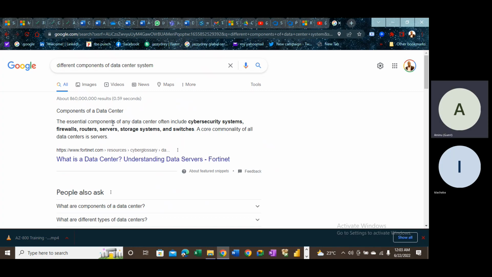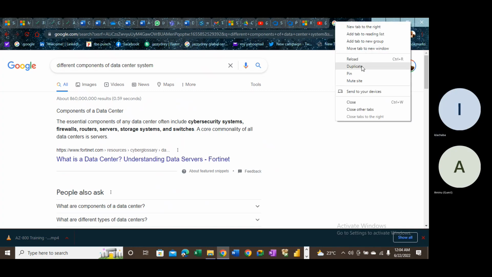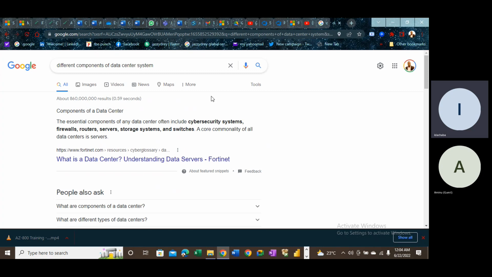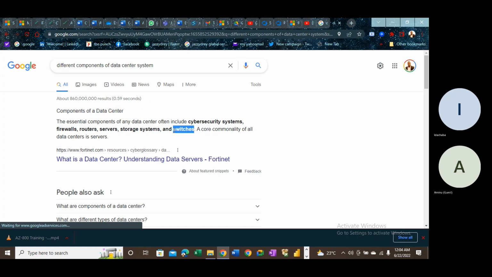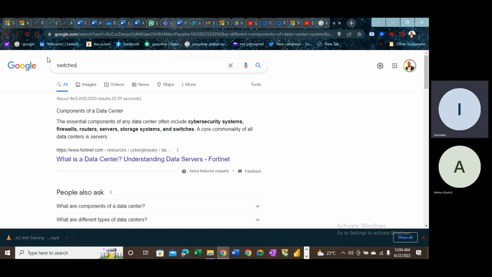Those are the switches I think you are talking about. It's not the electrical one. So we are now looking at the network switch. Let's start from the network switch.